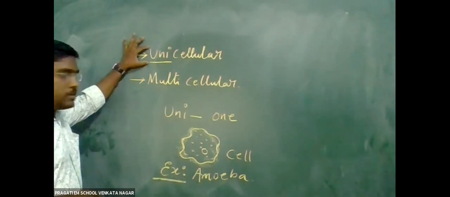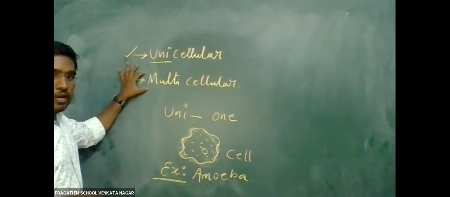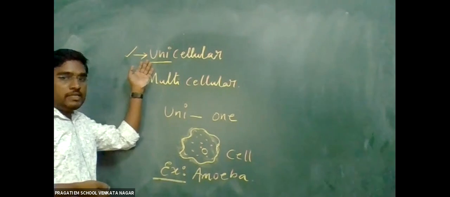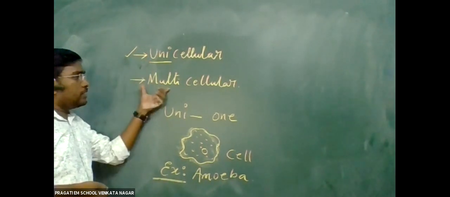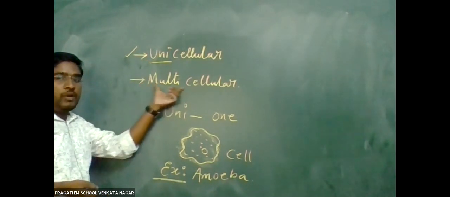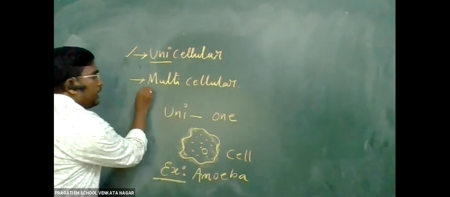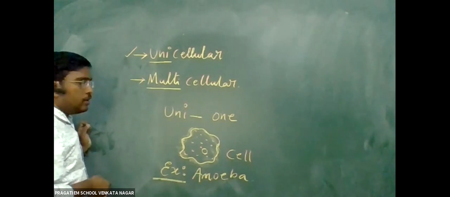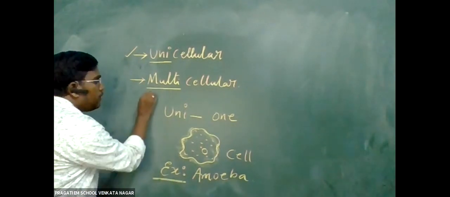Unicellular organisms, multicellular organisms we discussed. Unicellular means single-celled organisms. Second one, multicellular organisms. Multi means many.